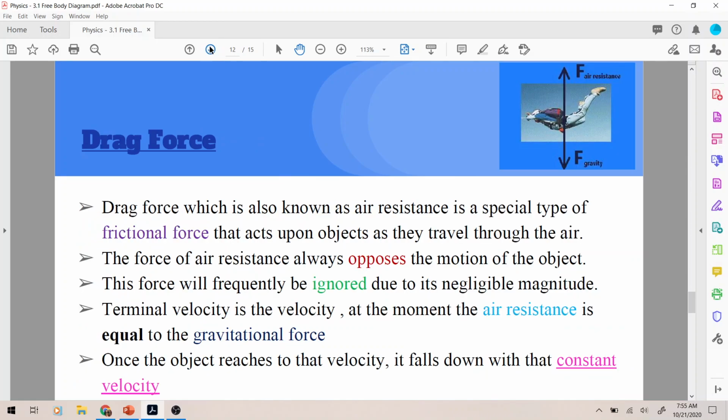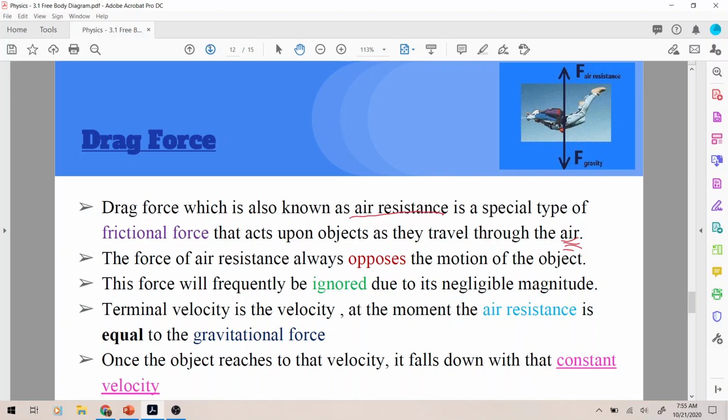All right, what is the other type of force that we might have? It's drag force. You can say that's the friction of air or any fluid. So drag force is also known as air resistance. It is, again, a frictional force that acts upon objects as they travel through air or fluid.